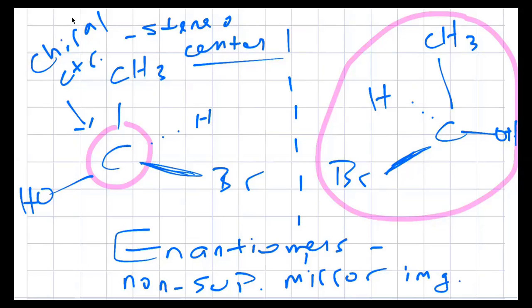They have the same formula, but they have a different 3D orientation. So anytime we try to superimpose stereoisomers, it's always going to be some type of movement, some type of rotation. You can't detach atoms and move them around, but you can alter the 3D orientation of the molecule. So you're right, we can rotate it.